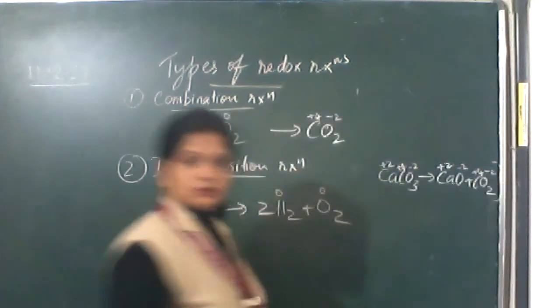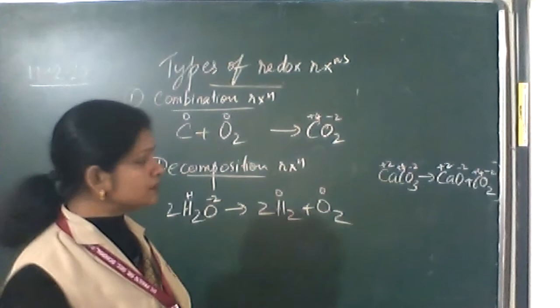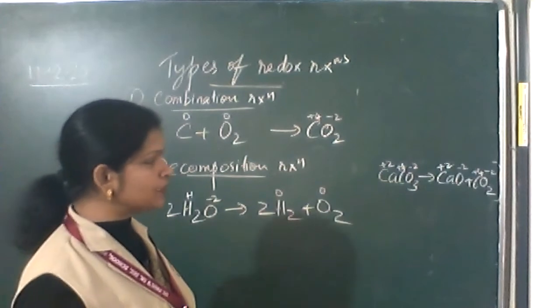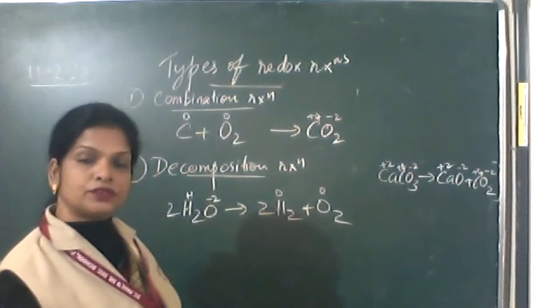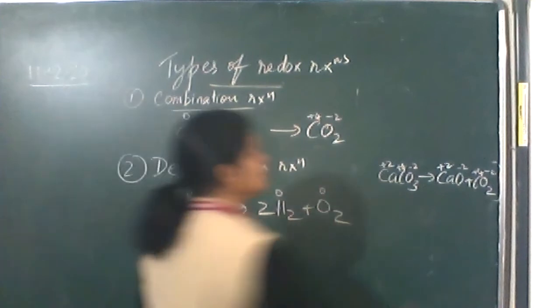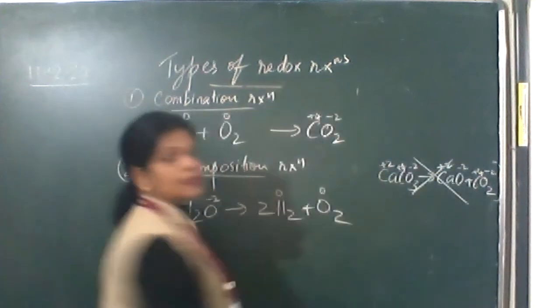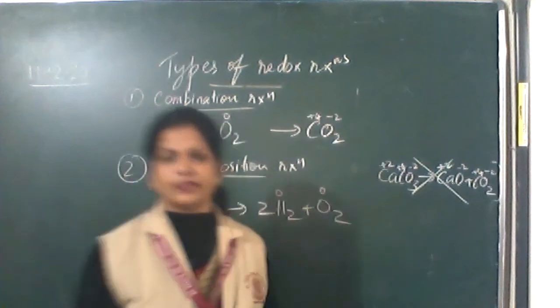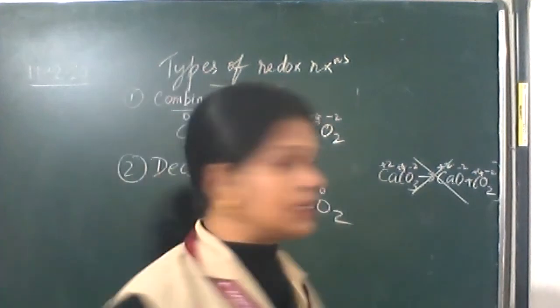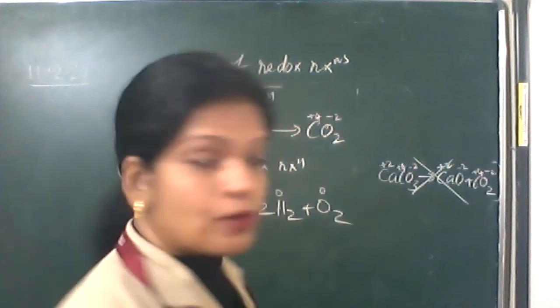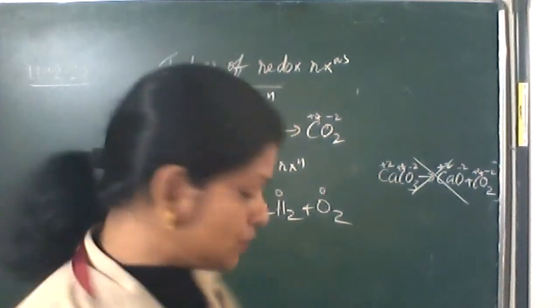No change. Check the reactant side and the product side: no change in the oxidation state. That means that is not a redox reaction. We are learning under the redox category. So for the decomposition reaction, at least one of the products should be in the elemental form.